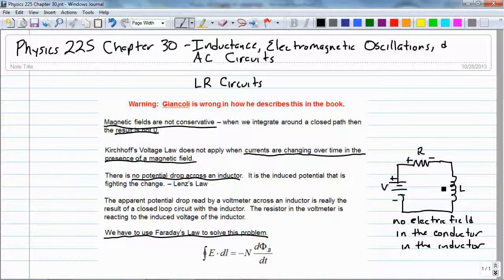And the magnetic field will exist inside this coil, but if I were to unwind this coil, then the magnetic field is going to be going through this loop in some way.